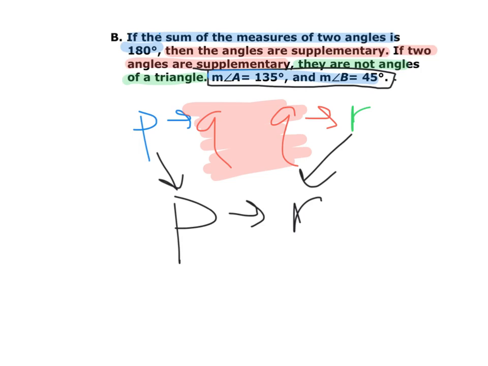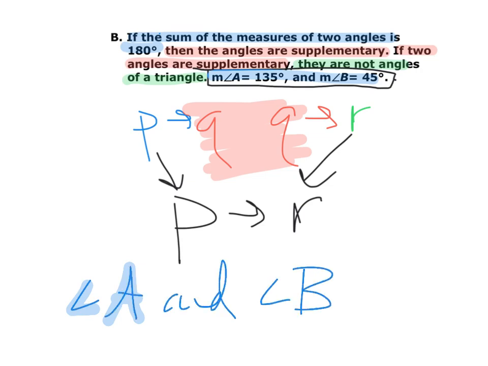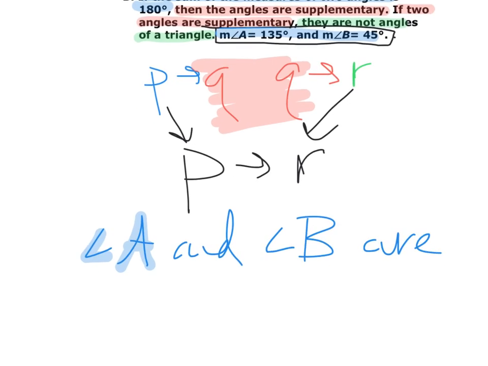So therefore, they are not angles of a triangle. So angle A and angle B are not angles of a triangle.